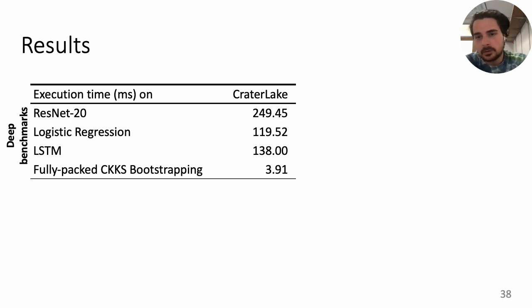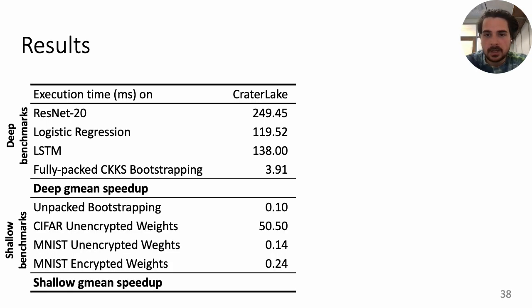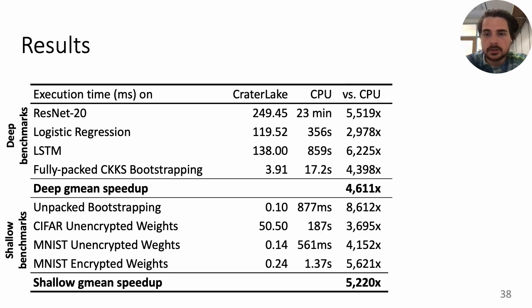The table here reports the performance of Crater Lake on deep and shallow benchmarks measured in milliseconds. Crater Lake achieves very large speedups over the CPU implementation, ranging from 2900 to 8600x. Speedups are similar across deep and shallow benchmarks, showing that Crater Lake provides robust gains across FHE program types.